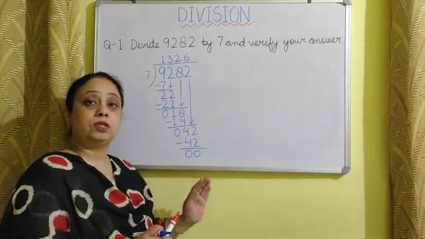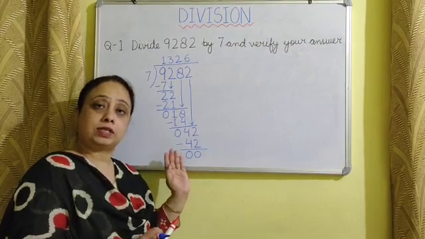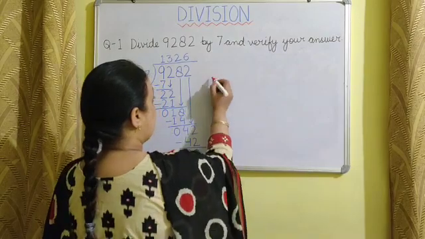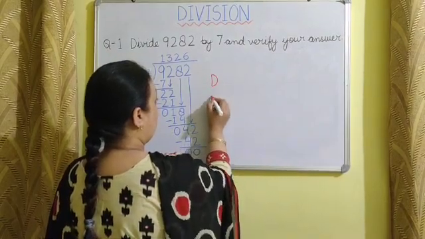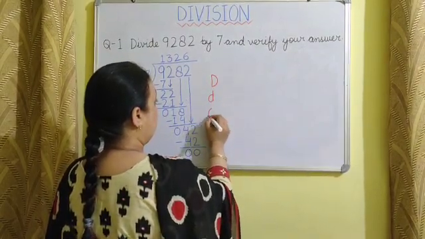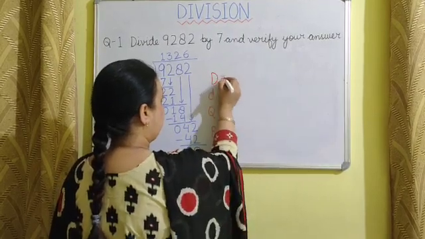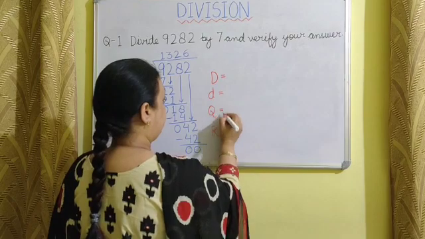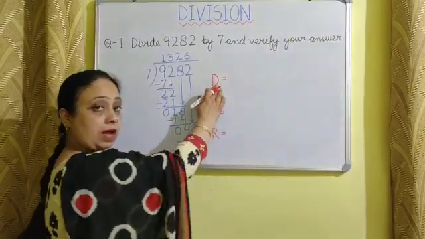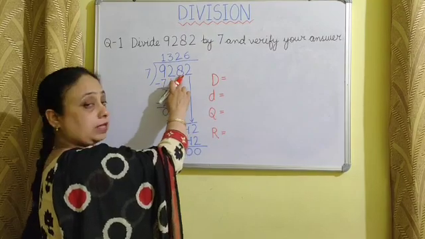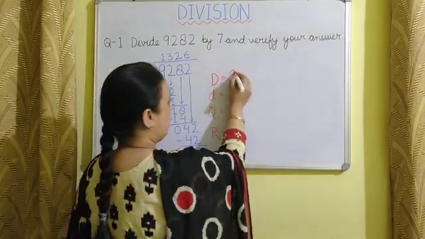Now we have to check whether the division is correct or not. So first we should know what is capital D, what is small d, what is the quotient, and what is the remainder over here. The capital D, as we know, is the dividend. So the dividend here is 9282.